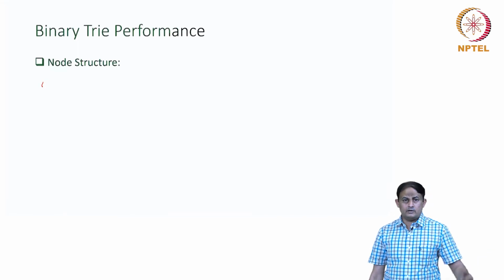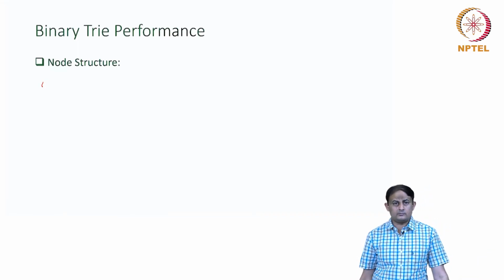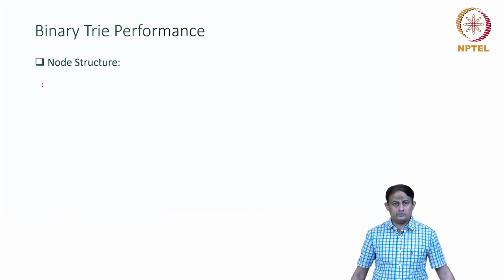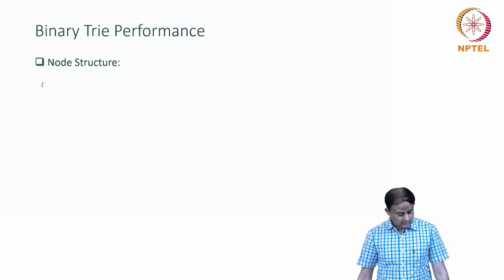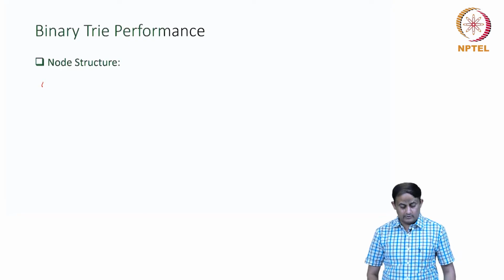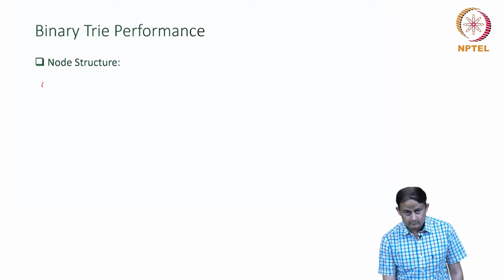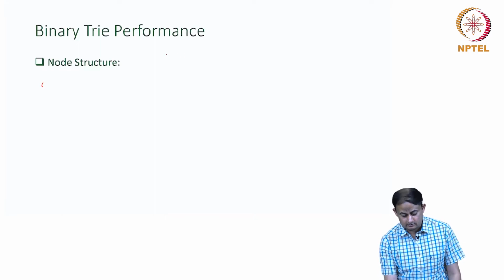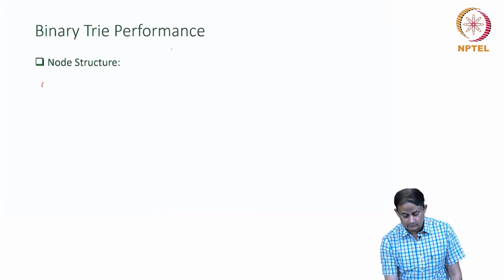A binary trie is a simple binary tree, where you can have 2 children and then the node value. I can have a linked list kind of data structure used for this, and the node constituents can be the following.